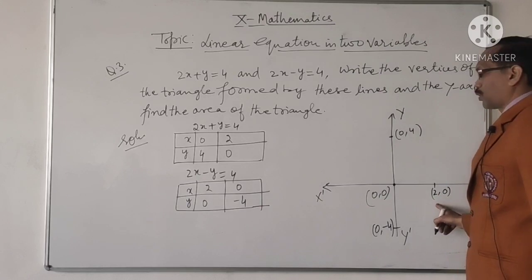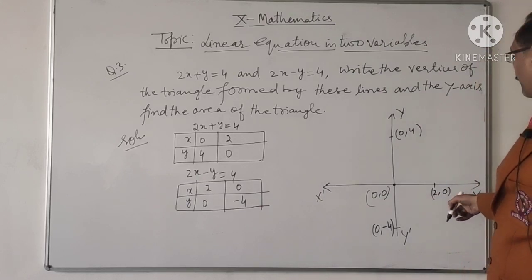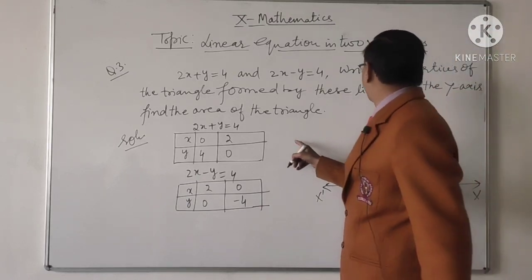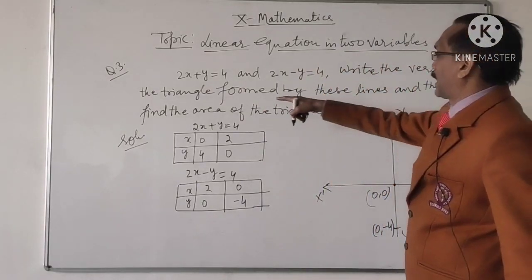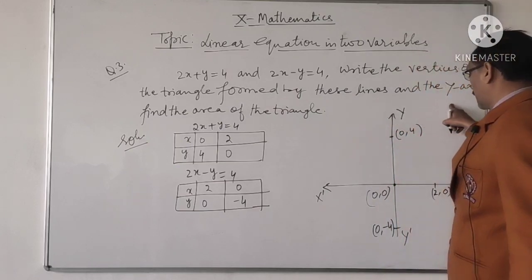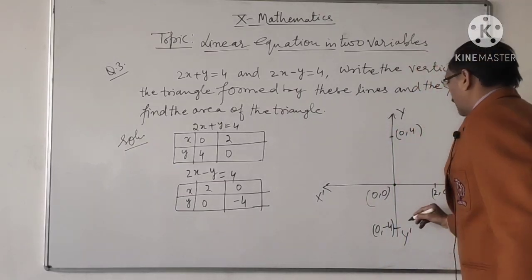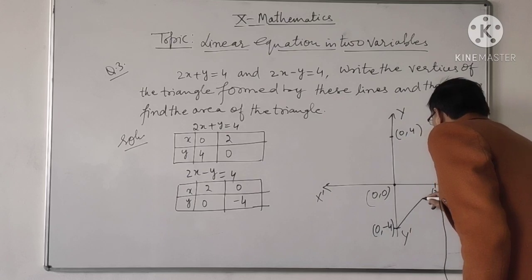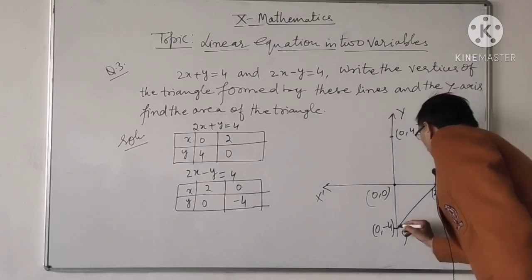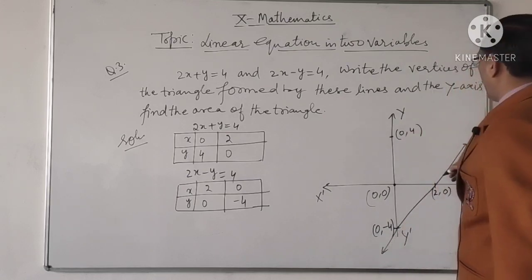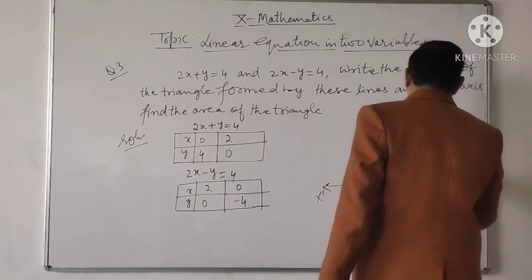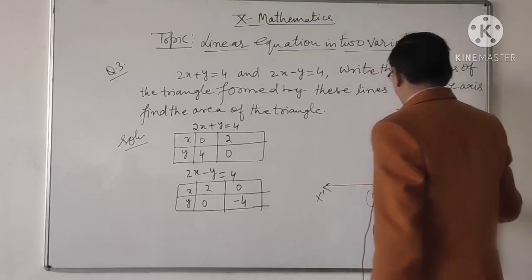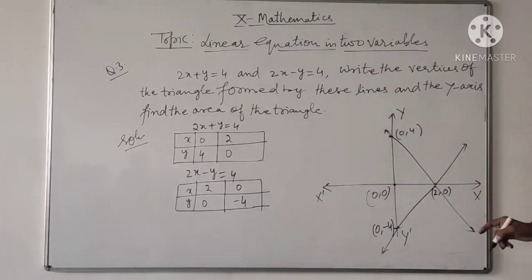And 2, 0 is the same. Now, let us write the vertices of the triangle formed by these lines. So these are the lines joining. This point, 2 lines and this. There is a point 2, 0, which is the point of intersection.